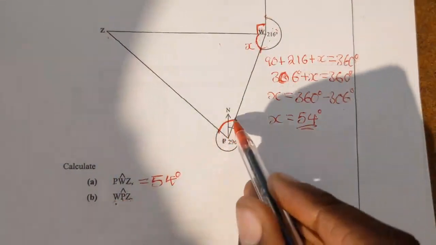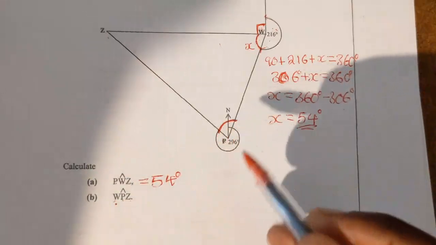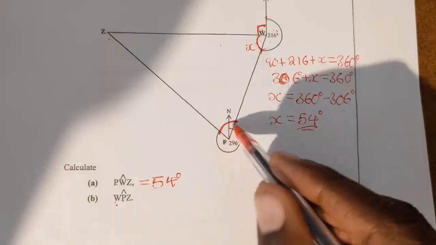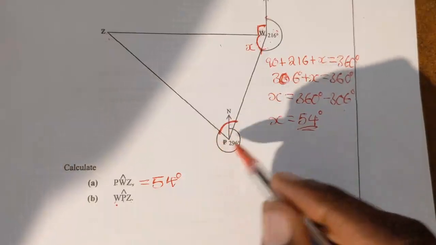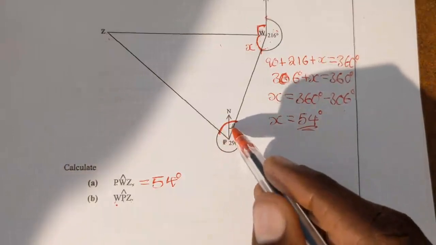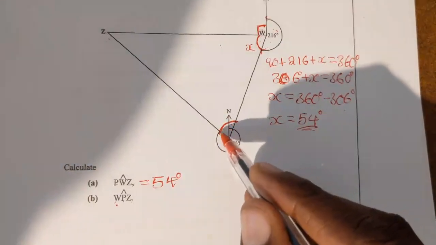Now you need to find WPZ, which is what I've shaded here. A complete cycle is 360 degrees, but there is this part and that part.